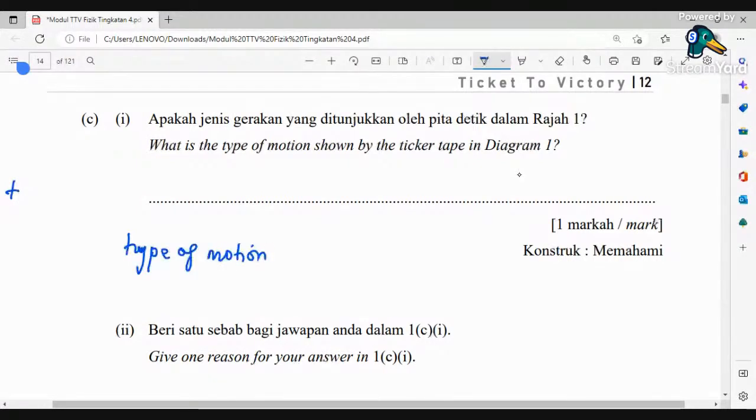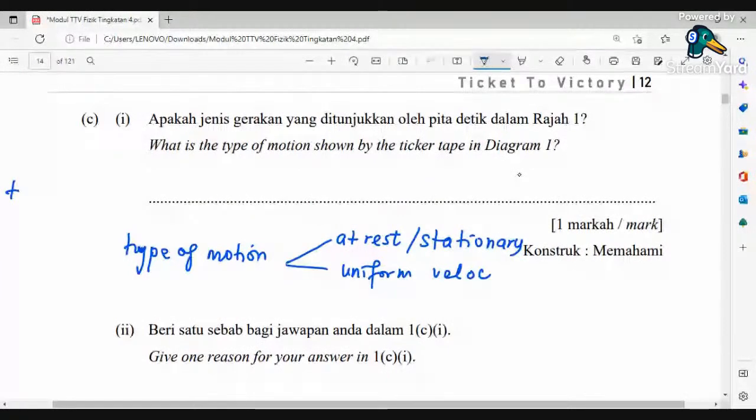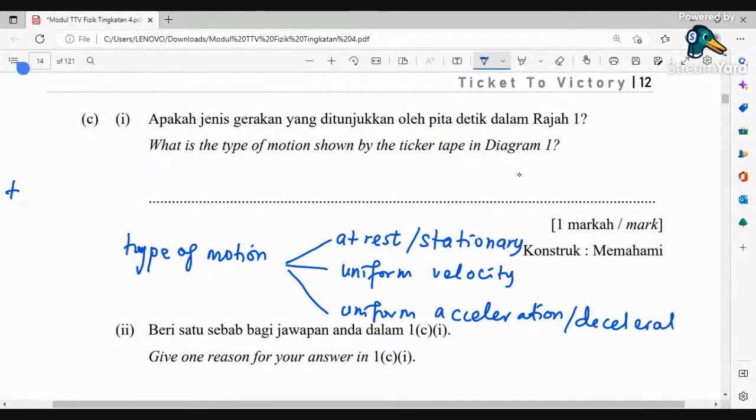Either you mention at rest or stationary, meaning not moving, or uniform speed, and then uniform acceleration. These are the answers we want if the words type of motion appear.